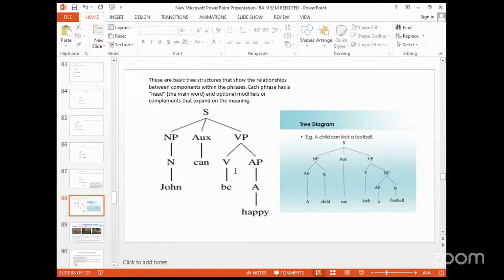Then you have the next one, a child can kick a football. So a is an article, child a noun, can an auxiliary, kick the verb, a an article again, then the noun football.